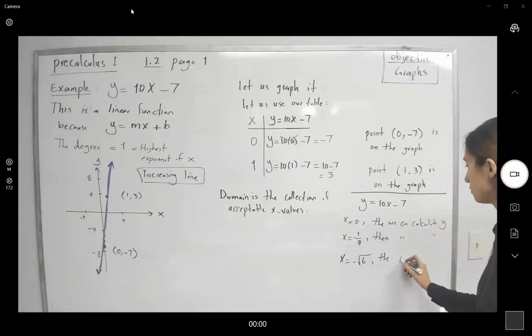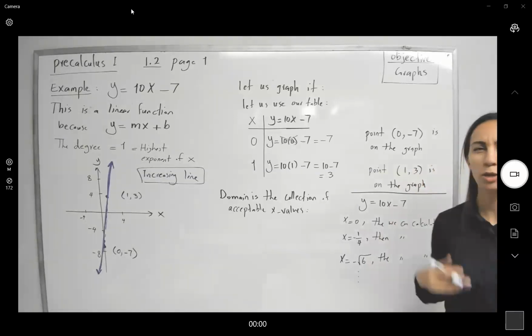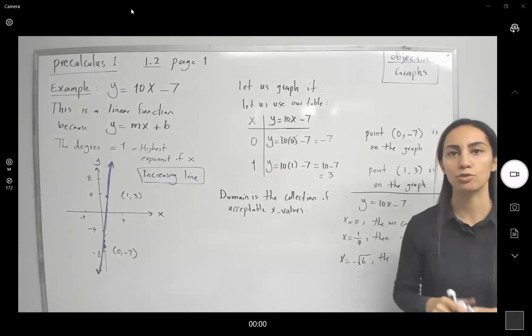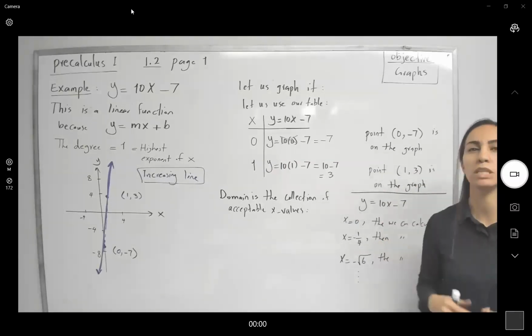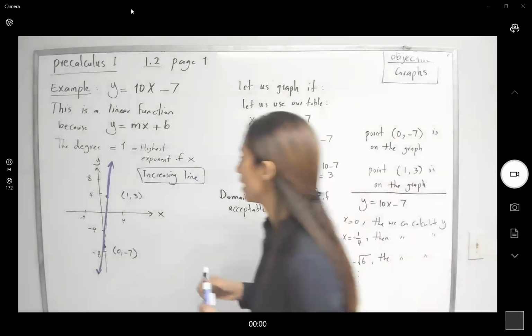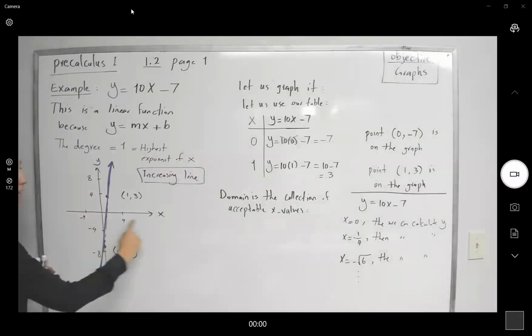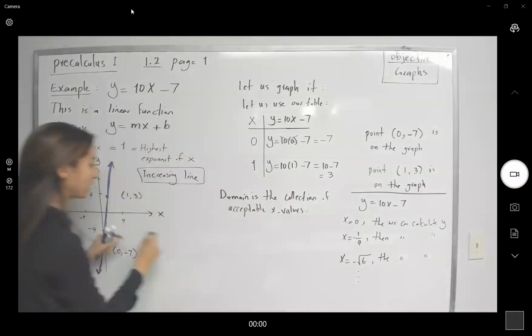Then we can calculate y. You can continue this process. You can pick any x value that you like, then plug that into your calculator and get your y. What's the meaning of that? It means that any number on the real line or x-axis, remember that the domain is the collection of acceptable x values.